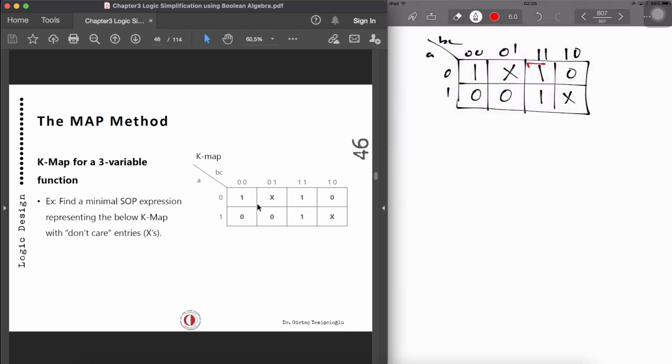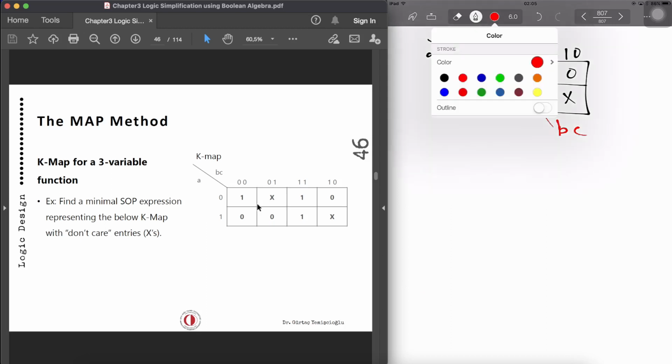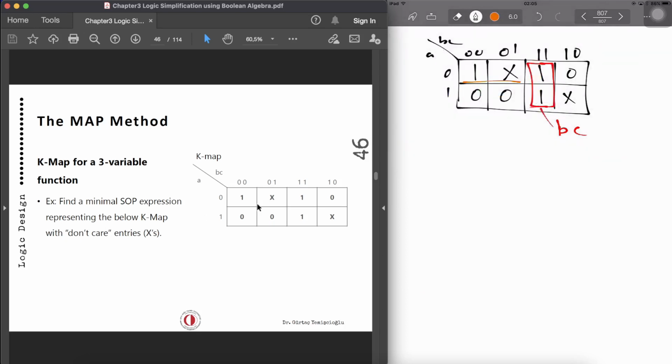But I can see this one doesn't need anything. So I can write this as A is changing, it's just B C. And I have got 1 over here. And this one I can combine with x. So it cannot be alone. And I can write this as A prime B prime.